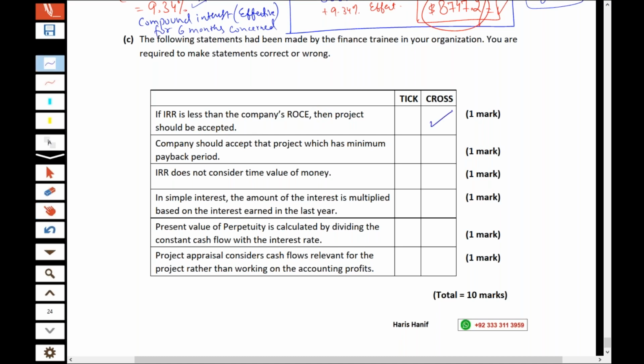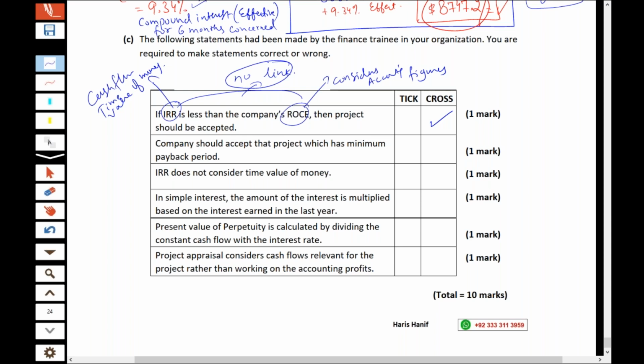The answer is wrong because IRR and ROCE have no link at all. ROCE is the return on capital employed because it considers accounting profits, accounting figures, and IRR relies on cash flow and the time value of money. So there is no link at all.